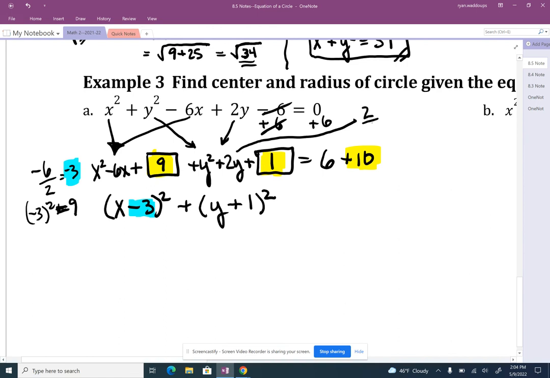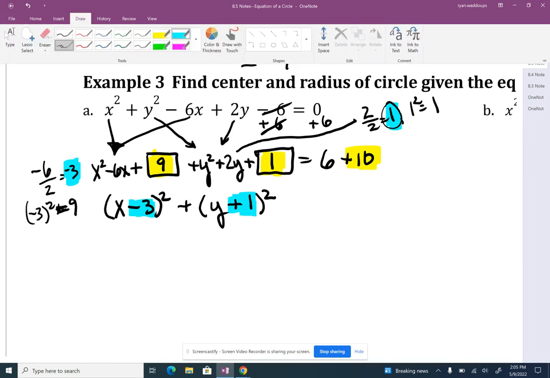We had 2 divided by 2, which is 1, and then we had 1 squared, which is 1, and it's this 1 right here that we're putting inside the parentheses. This 1 right here, half of our b value that we're adding on here. And then all of this is equal to the other side.